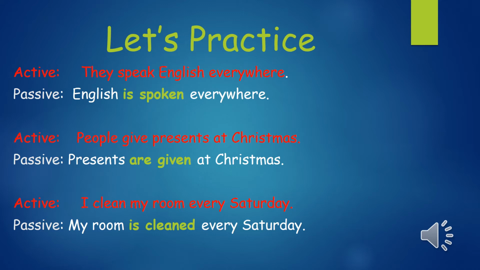Our subject is they and object is English. In the active sentence, they here is a plural subject. But when we change it into passive, it will be English. English is singular. So, what matches English? It's is. So, English is spoken everywhere.